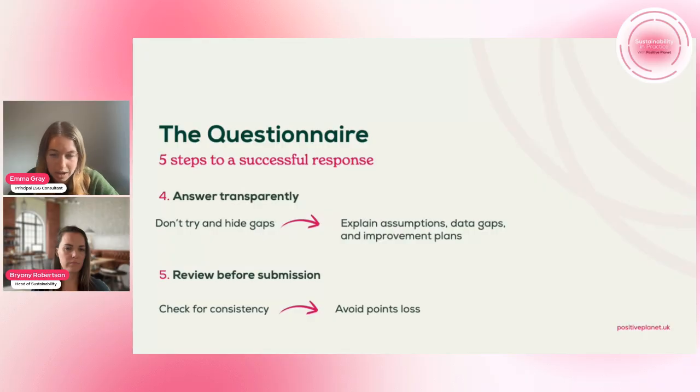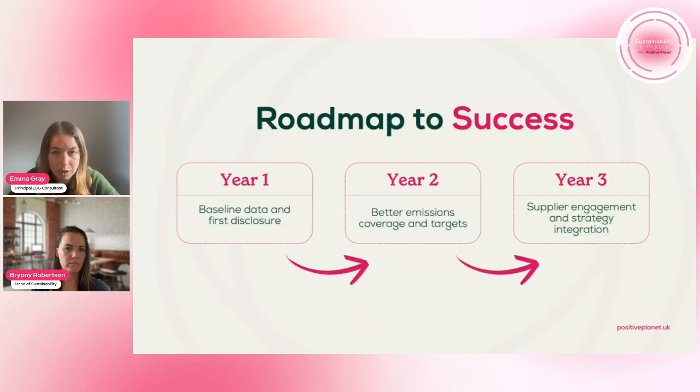And once you have all of these elements nailed, you can start to think about an improvement plan. So the way I'd think about this roadmap would be year 1, get your baseline data together for your first disclosure. And then you can move on to year 2. So think about improving that data using less estimations or proxies, getting more insight into scope 3, and then considering reduction targets.